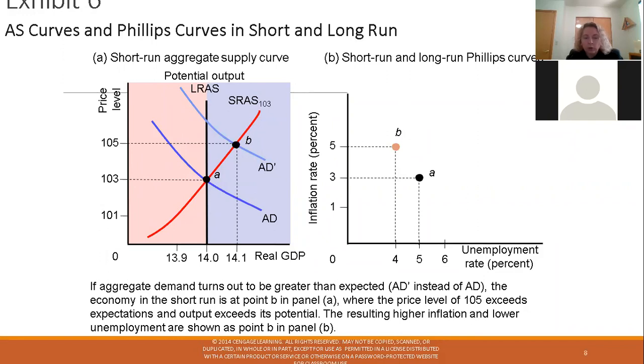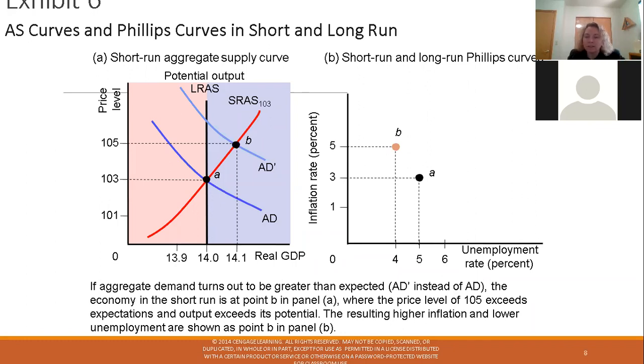But that also can create another point on our Phillips curve. So at point B, when inflation is higher than expected, in this case we've seen 5% inflation because you see that 105 over there. And again, your author just came up with this number, so it didn't really come from anywhere. Your author is saying that at that point B, your unemployment would be 4% instead of your natural rate of 5.